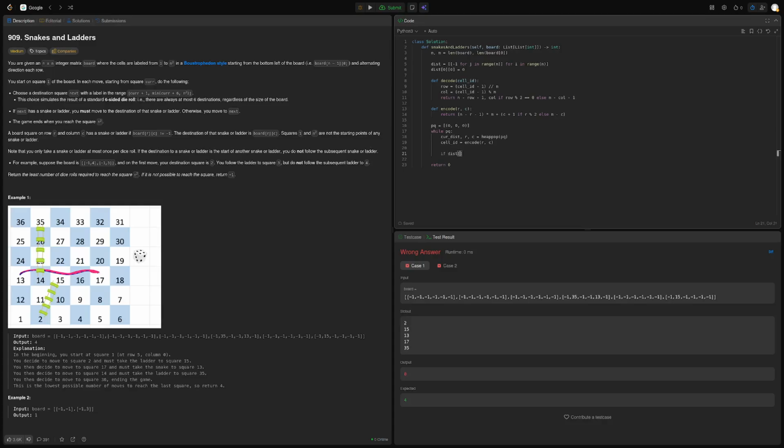If dist RC, if dist over dist RC, continue.